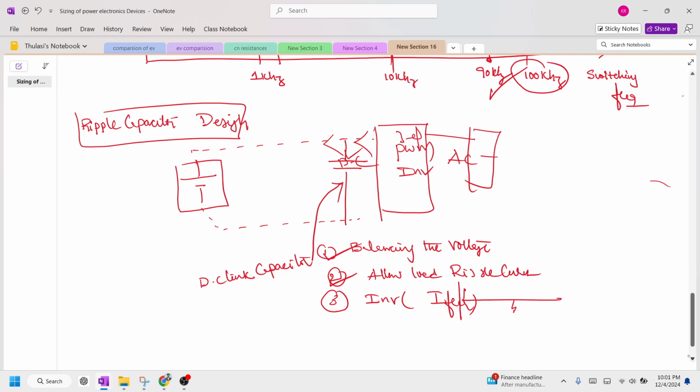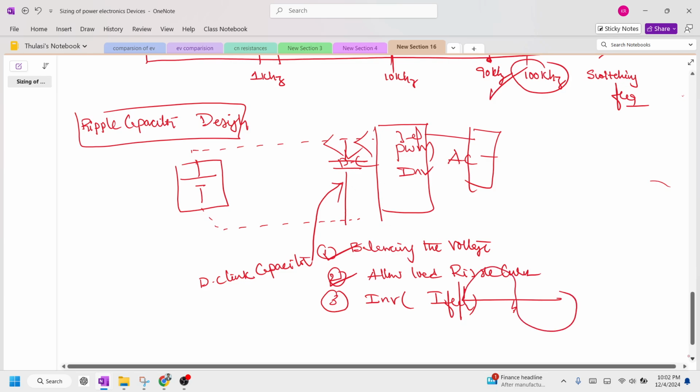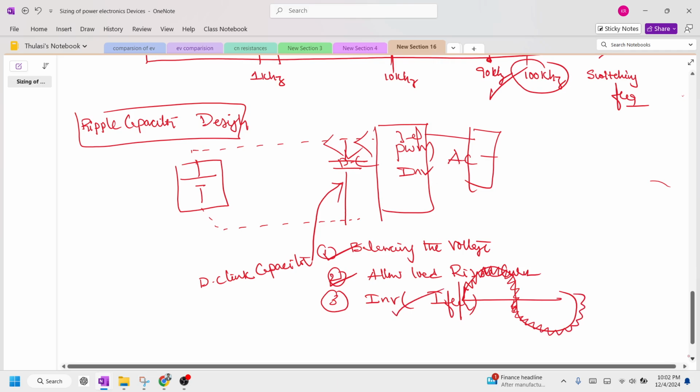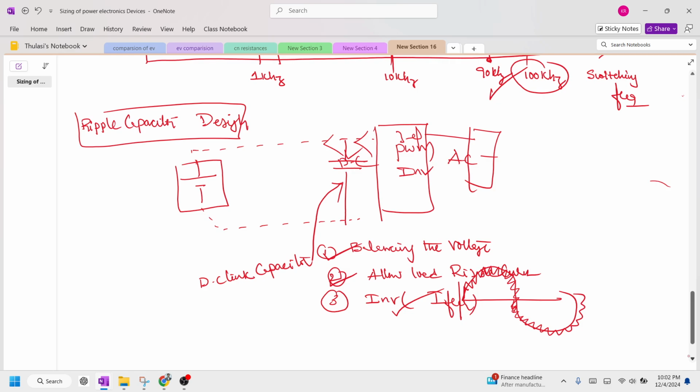To generate a square waveform like this with multiple ripples is possible only with the help of this DC link capacitor. So to generate a pure sine or modified sine, we require the help of a DC link capacitor.